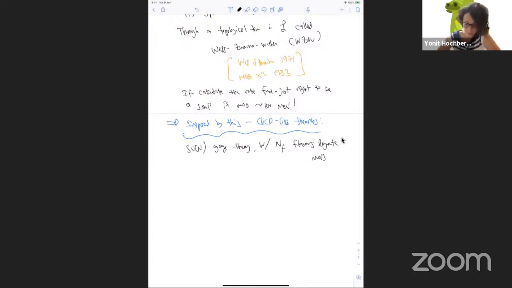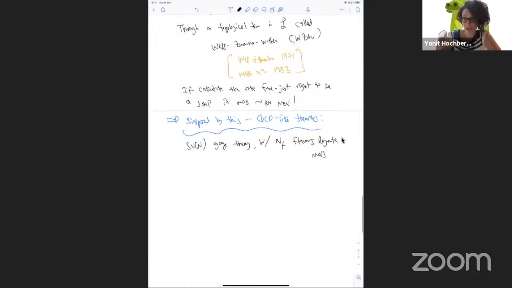And so this theory, before it confines, has, very similar again to the QCD case, an SU(N) left cross SU(N) right global symmetry. Once the theory confines and chiral symmetry breaking occurs, this is broken down to the diagonal SU(N).